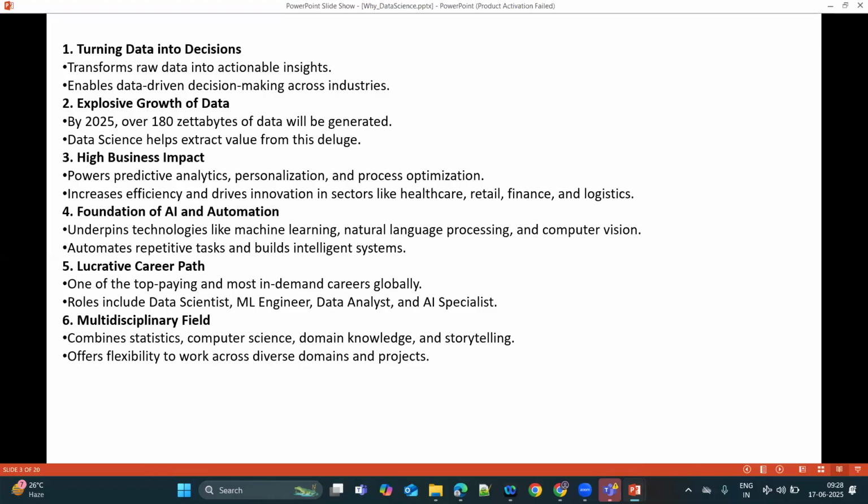So what we'll be doing at that time is having a presentation, and you'll be giving a storytelling to the client: this is going to happen if you do this, and so on. And as I told you, we are leveraging all the technologies and working on all the domains. So yes, a multidisciplinary field. That is one thing I want to say.